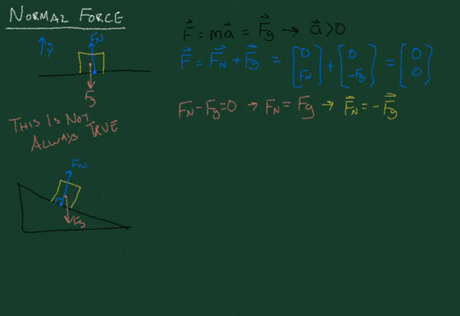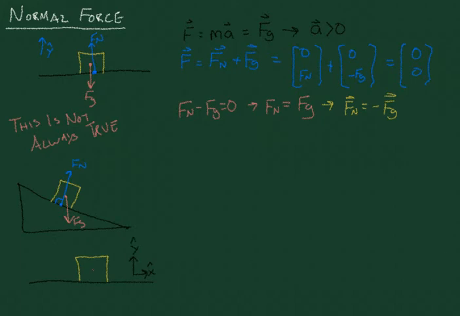Okay? So you remember from the last video that sometimes for problems like this, it's going to be easier to redraw it. So now we're going to call this direction down the slope our positive x direction. We're going to call up the positive y direction.